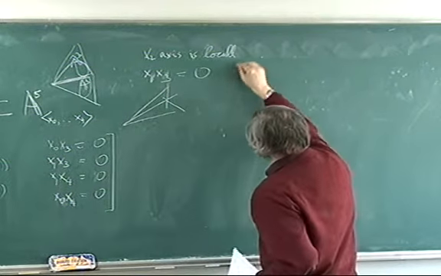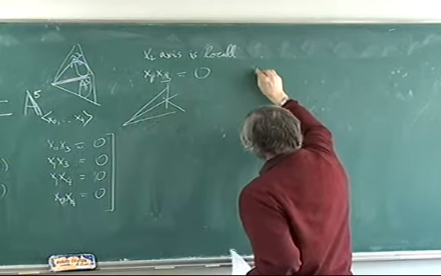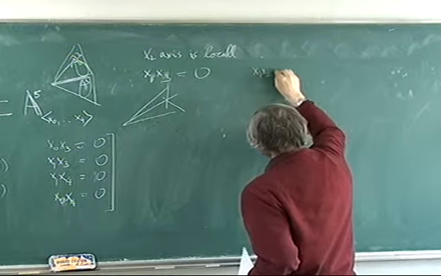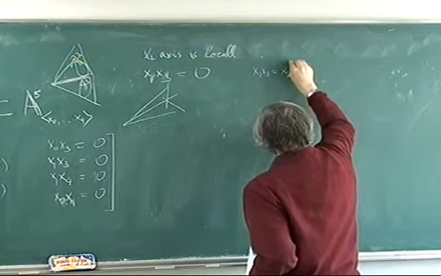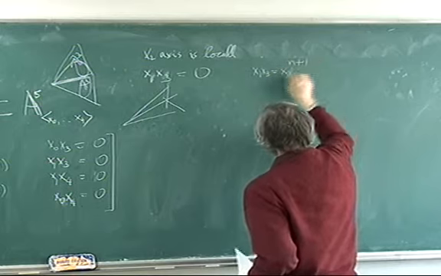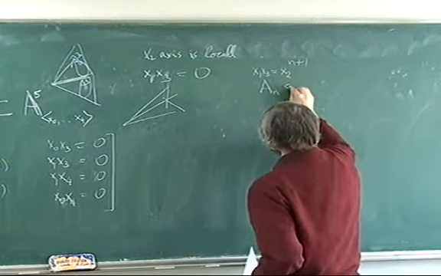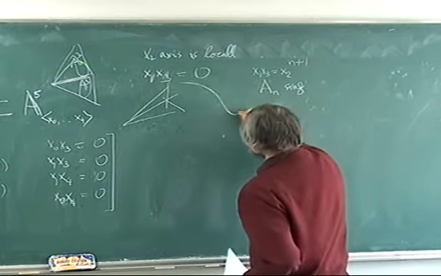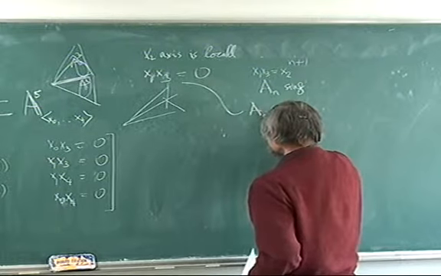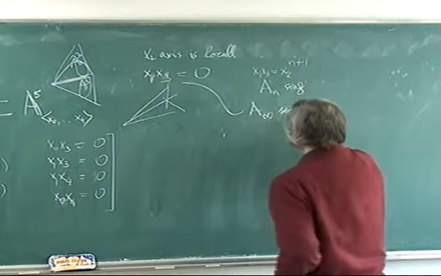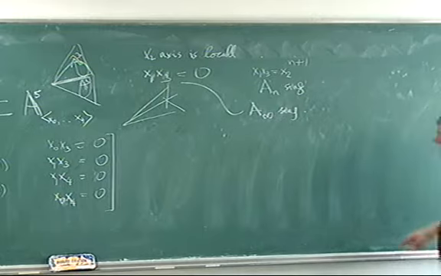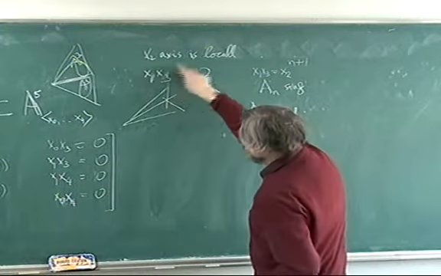If you think of x1 x3 equals x2 to the n as the n plus 1 A_n singularity, then this one is the A infinity singularity. All right? And how do you deform this guy?